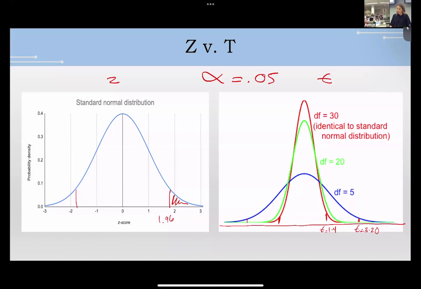So once you get up to anything degrees of freedom 30, it approximates a normal distribution, right? It approximates the standard normal distribution as in Z, right? So Z is T with a really big sample size, basically.